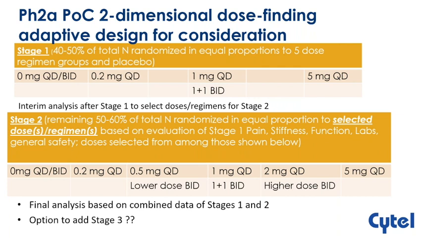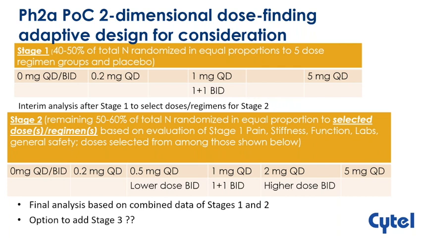And then once we got the results of stage 1, the options for stage 2 were to treat the remaining subjects among doses that could be chosen from the list shown in the matrix under the second stage.